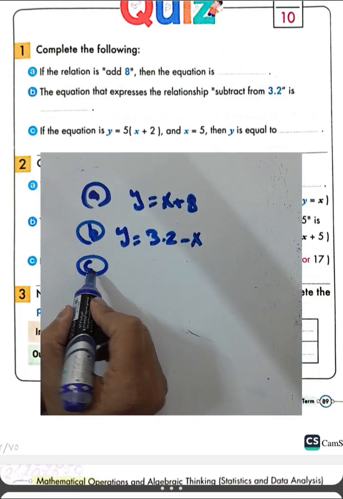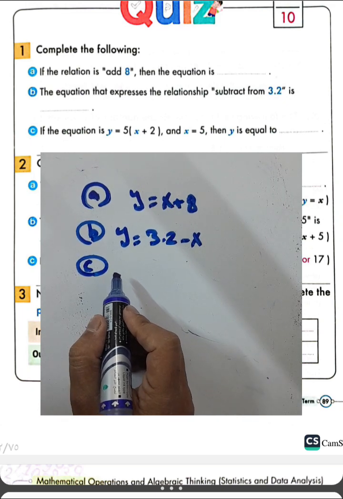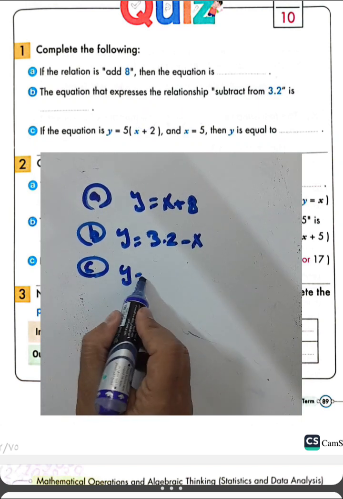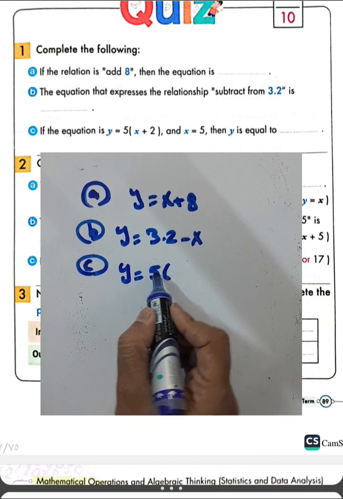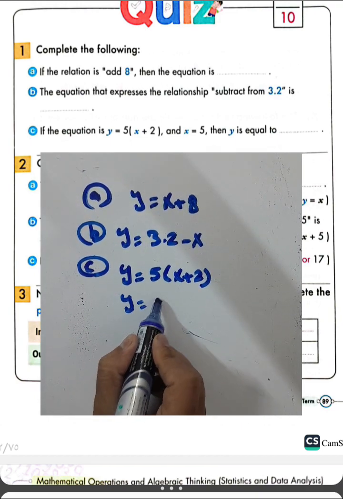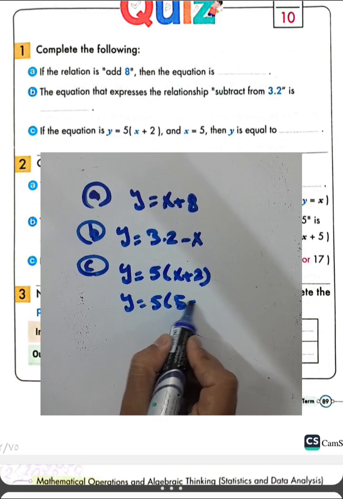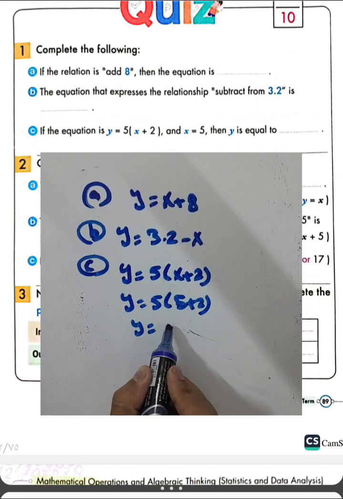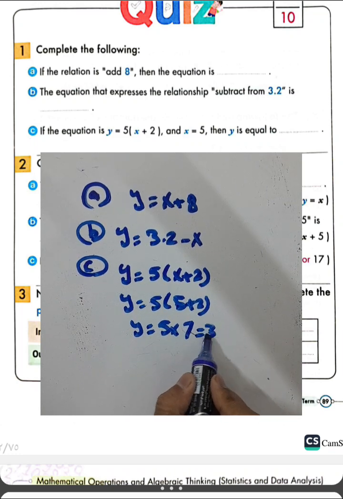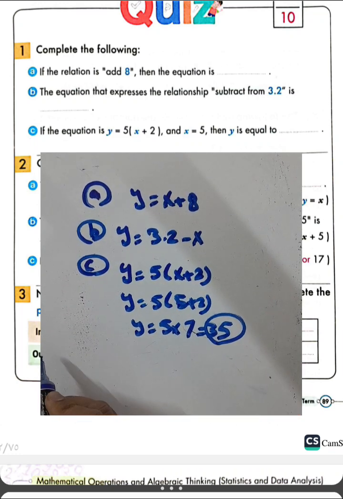Letter C. If the equation is y equals 5 times the sum of x plus 2 and x equals 5, then y equals 5 times 5 plus 2. 5 plus 2 is 7, 5 times 7 is 35. The result here will be 35.